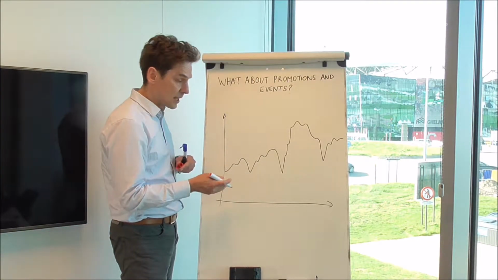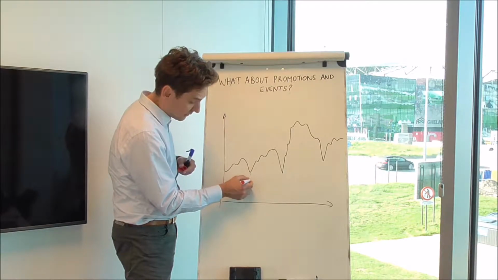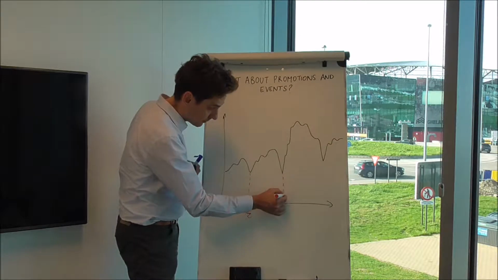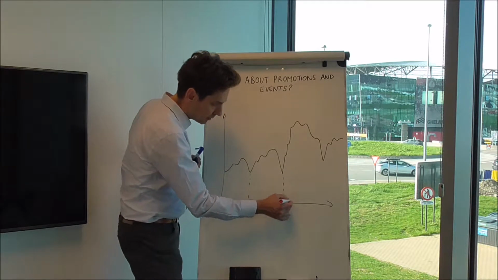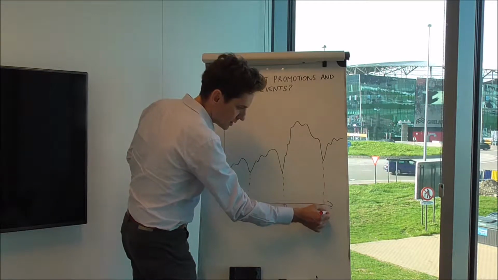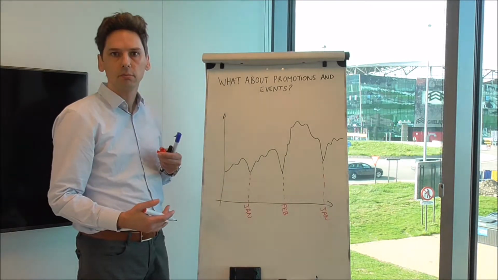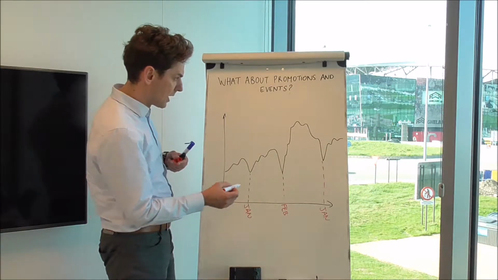I'll give a typical example. If I look at this downward peak, this was actually January, maybe this was February, this is again January. This could be the effect of Chinese New Year. Another effect I might have is over here.